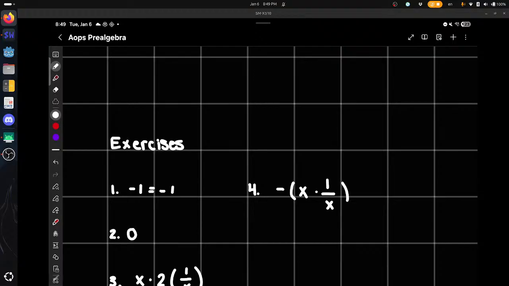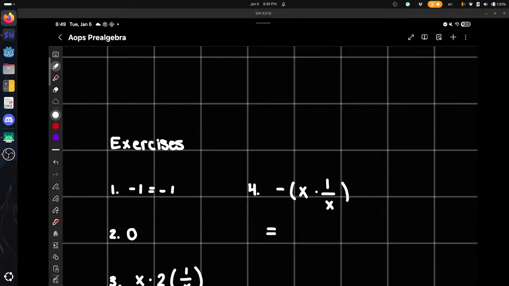Is that what they're asking for? Multiply the negation of a positive number by the reciprocal of that same positive number.